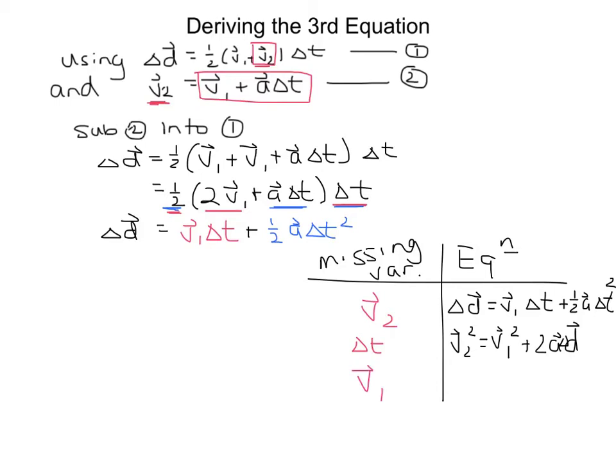And that equation is going to look a lot like the one that's missing v2, and it's going to be delta d equals v2 delta t minus 1/2 a delta t squared. You can see the differences. We've got v2 in here instead of v1, and it's minus instead of plus. So now you've got your 5 equations, and you'll be able to go ahead and use them.